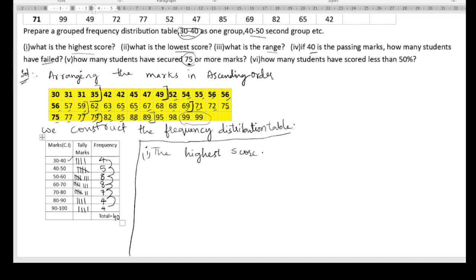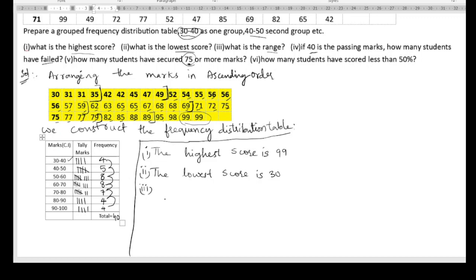The second question is about the lowest score. In ascending order, the first number will be the lowest. So the lowest score is 30.